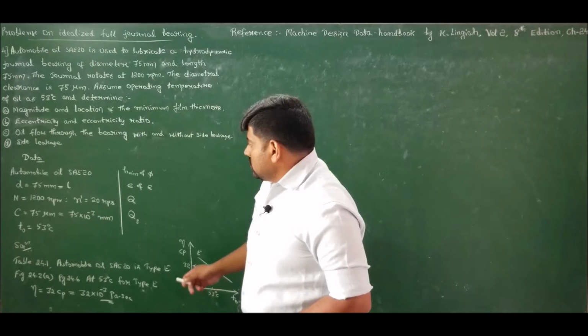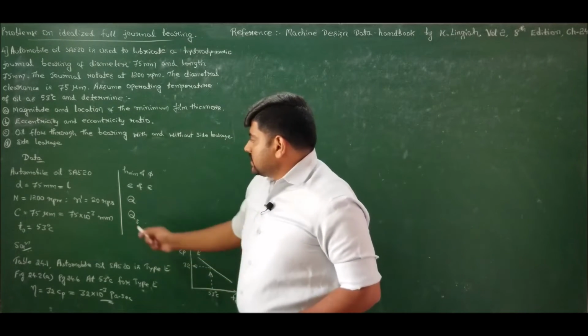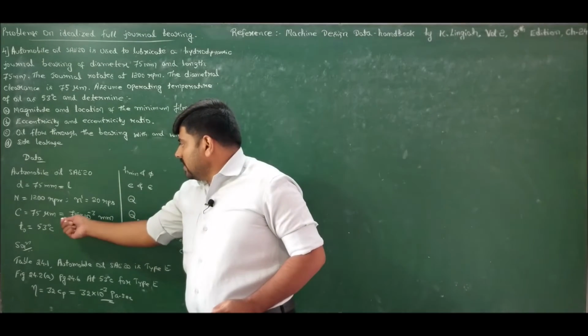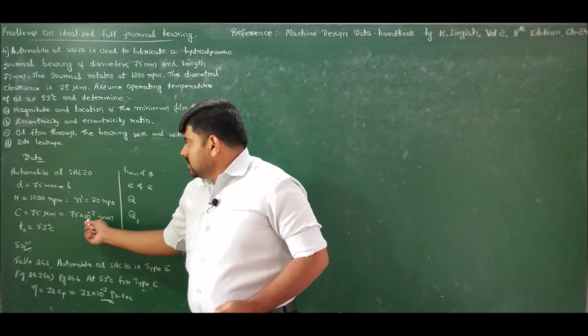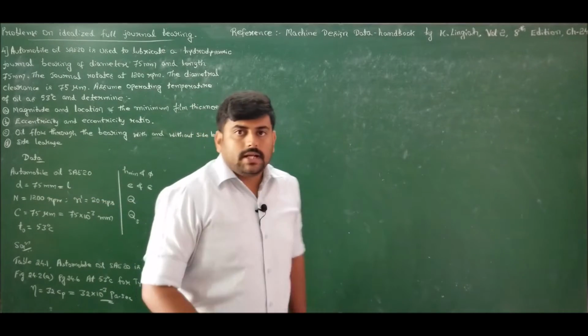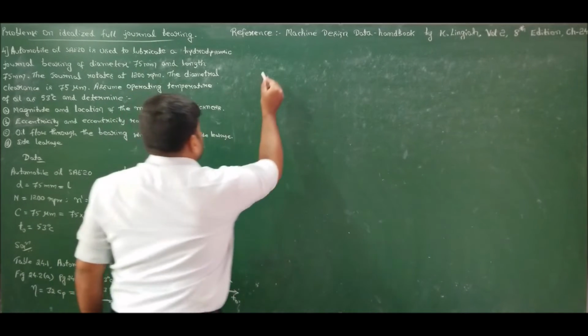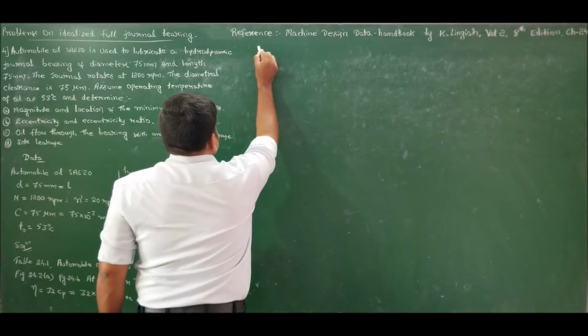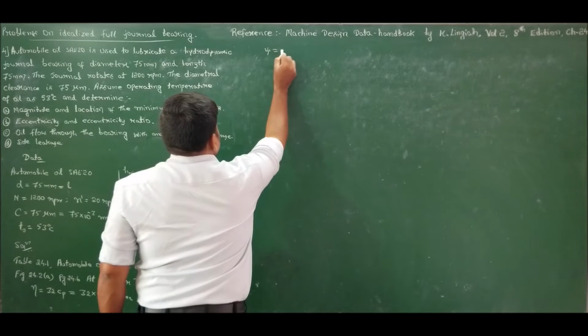Now we know the rps, that is 20 rps, and also the value of diametral clearance. Since diametral clearance is known and diameter is also specified, I can determine the diametral clearance ratio. The diametral clearance ratio xi is given by diametral clearance by diameter.